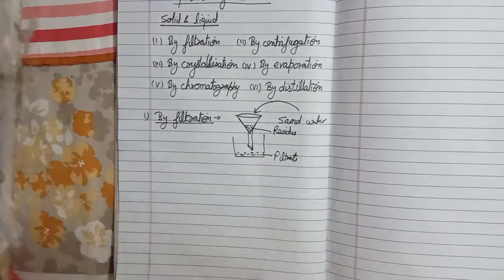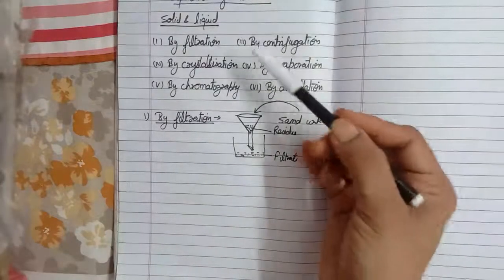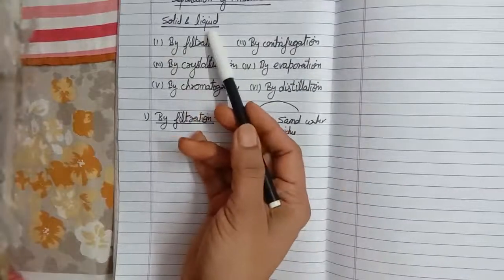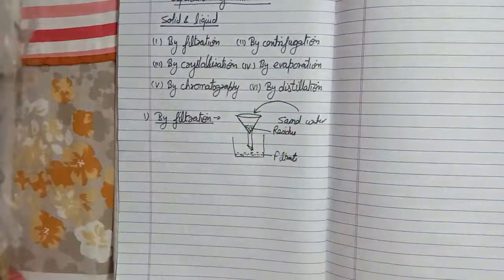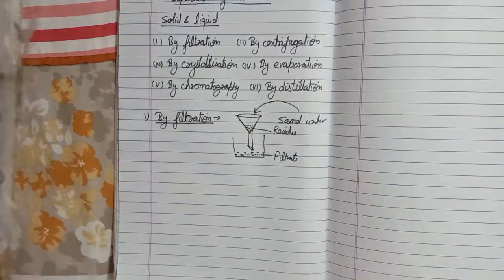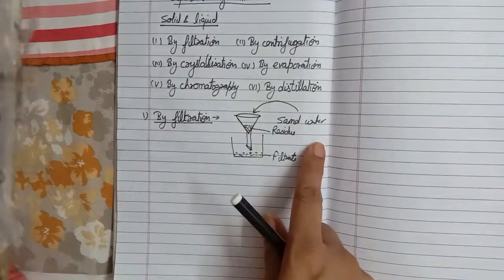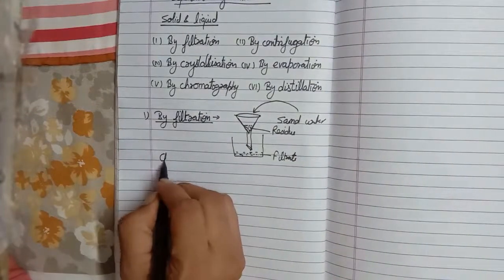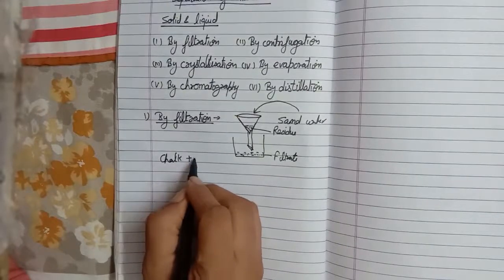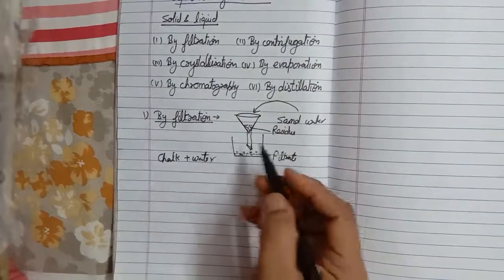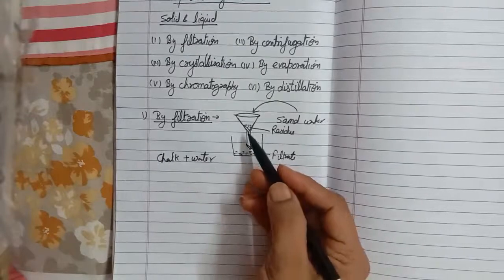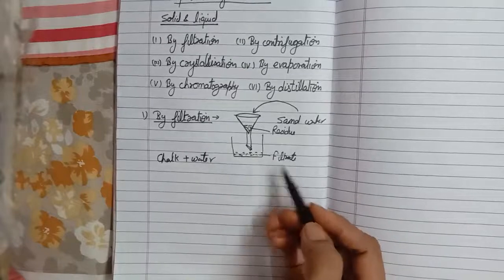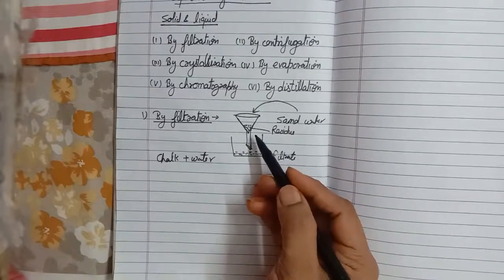So we can separate a mixture of solid and a liquid by using this method if the solid is not dissolved in that liquid. So you can explain how we can separate sand from the water. Even other mixtures, like chalk and water: we pour this mixture onto the filter paper kept on a funnel, and we get water as a filtrate and chalk as a residue on the filter paper.